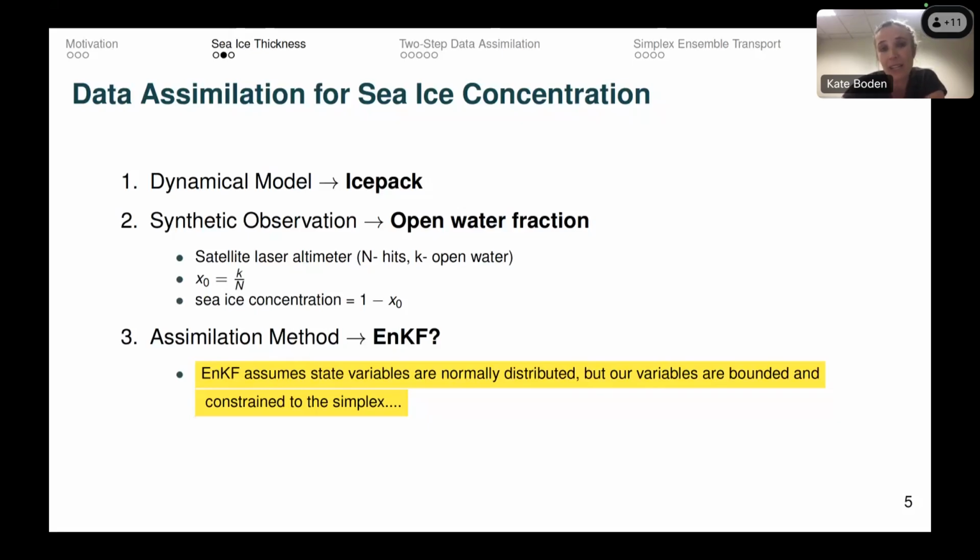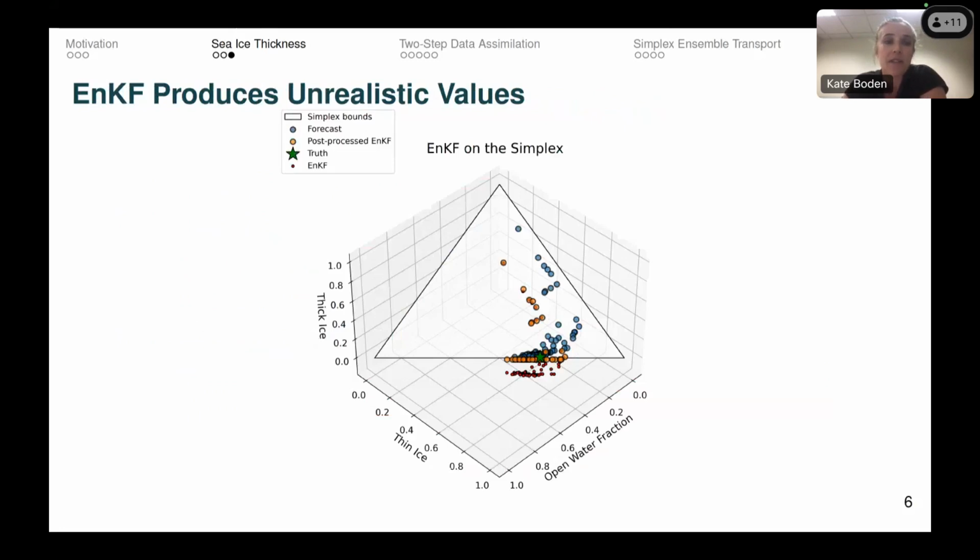But as I described in the previous slide, our variables are bounded and constrained to the simplex. So if you just apply an EnKF, you'll get unrealistic values. Here I'm showing you an ensemble. The forecast from the dynamics is given in blue, and it lives on the simplex, where we have open water fraction and 2 ice thickness categories, just thin ice and thick ice.